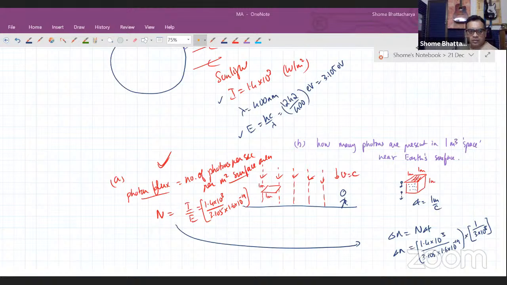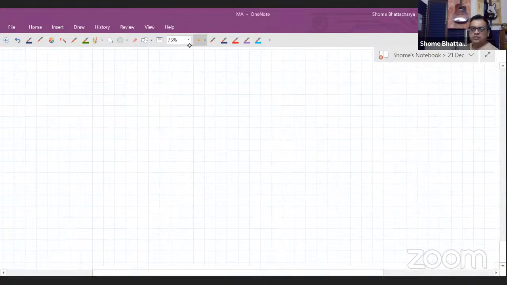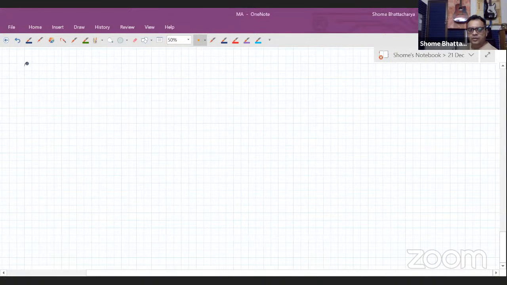The answer is matching. Roughly you divided by 3 into 10 raised to power 8. You're getting that, no? They've approximated up to the first place of decimal, no? Okay, let's look at question 10 next.